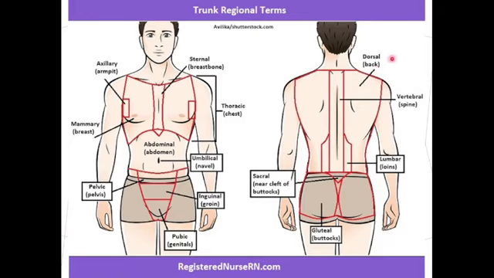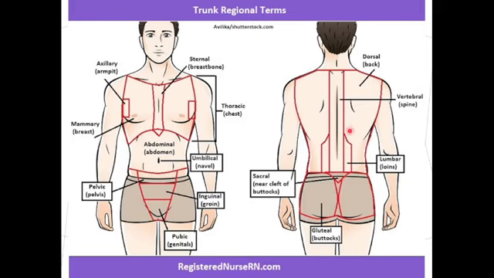We talked about that earlier, dorsal or posterior. So that is the back region of your body or your trunk. Next, we have the vertebral region. So that is where your spine is located, or this is what we also have, the vertebrae. So that's where vertebral came from.